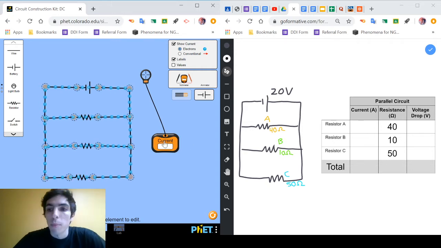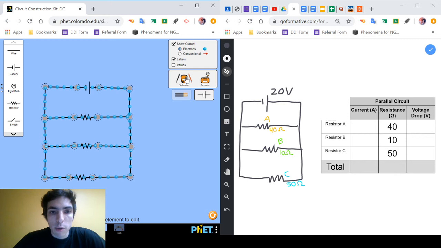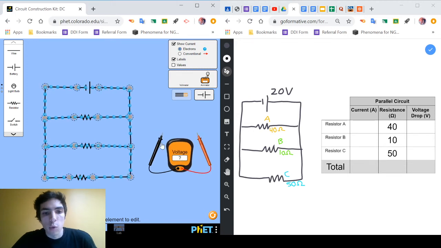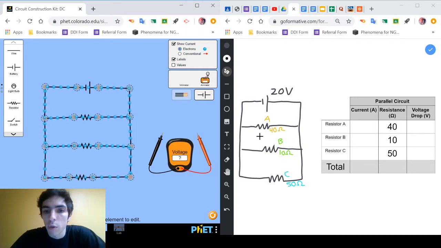But to measure those voltages, I'm going to take out my voltmeter now, so we don't need the ammeter anymore if I've measured all of the currents through my circuit, through each resistor and through the battery to get my total. And let's take out this voltmeter. As a quick reminder, we need to get both terminals of this voltmeter on either side of what we want to measure the voltage drop through. So let's say I want to look at the voltage drop through this top resistor.